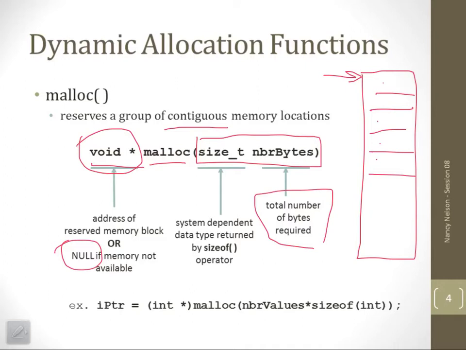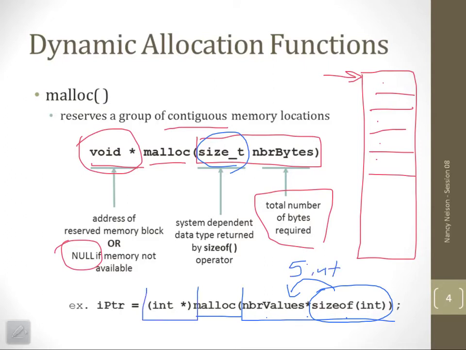Let's take a look down here. There's our function, malloc, and we want to pass in the number of values we want times the size of an integer. Because this data type is system dependent, we need to say the size of an integer on this platform is 2 bytes or 4 bytes or 8 bytes, whatever it happens to be, multiplied by how many of them. So if I want 5, this is going to reserve enough space to hold 5 integers.